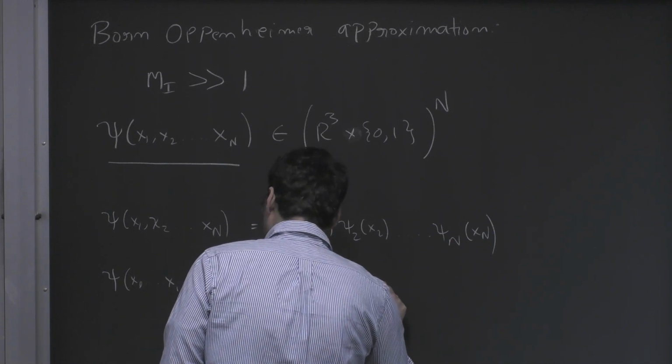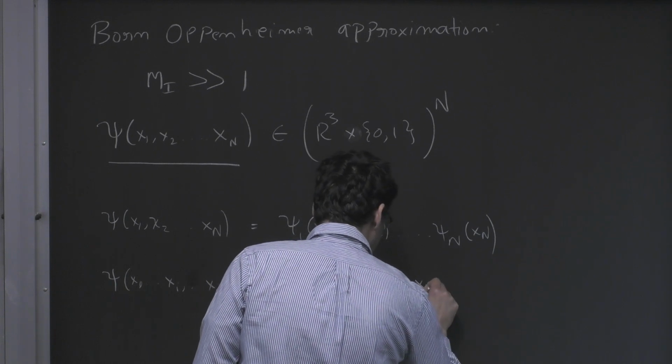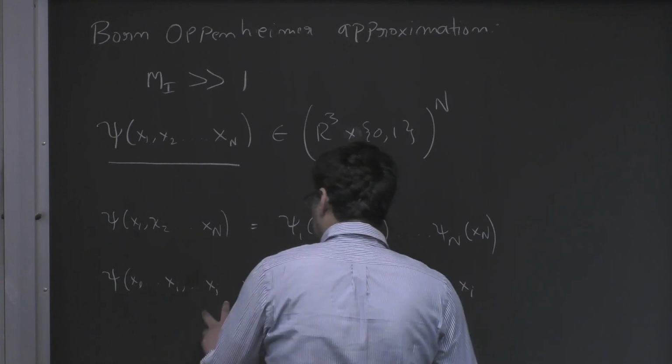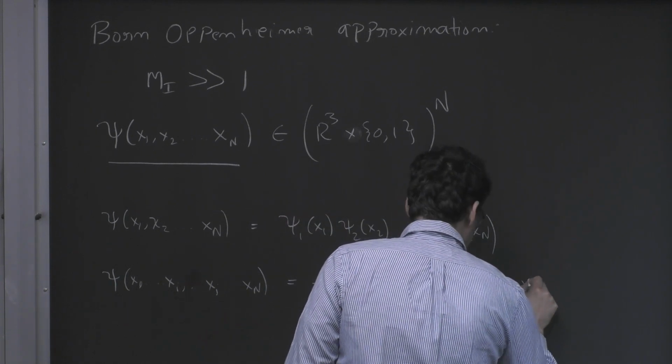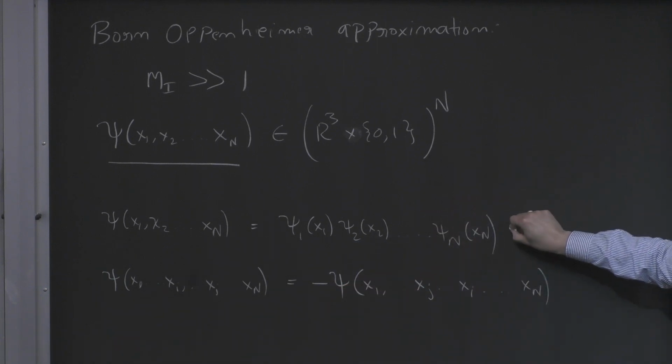So this wave function has to be antisymmetric. Here I'm flipping xi and xj, and you pick up a negative sign. So this approximation is not going to satisfy that antisymmetry.